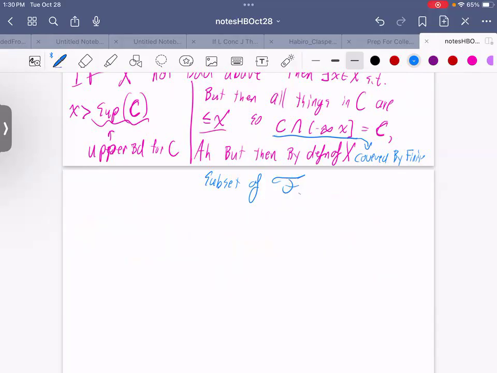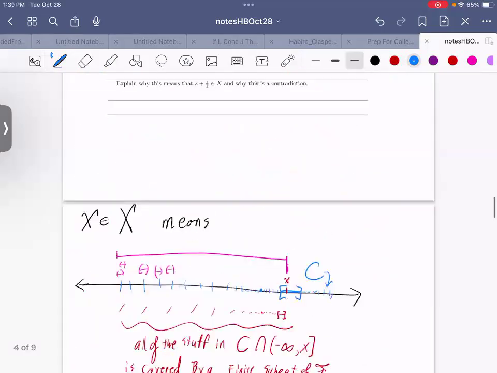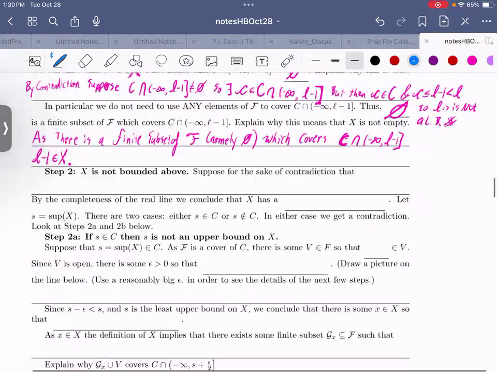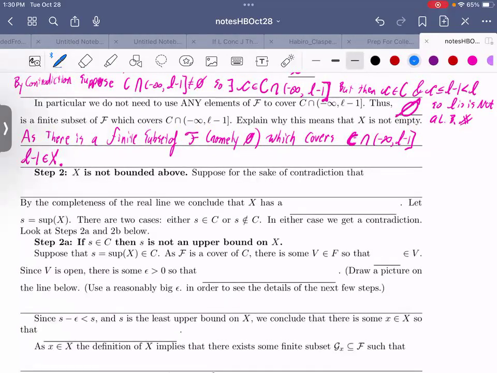That would do the job. So let's do that. Let's show that X is not bounded above. So let's assume for the sake of contradiction that X is bounded above. All right, standard proof by contradiction stuff.